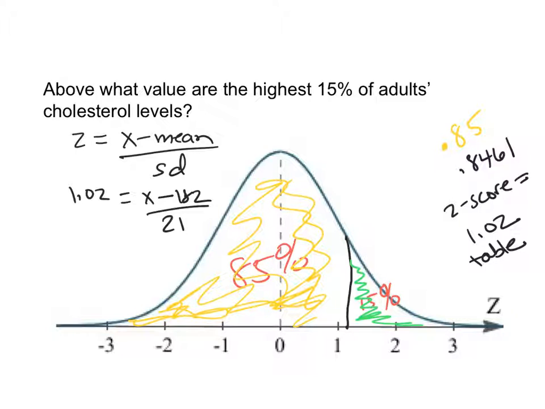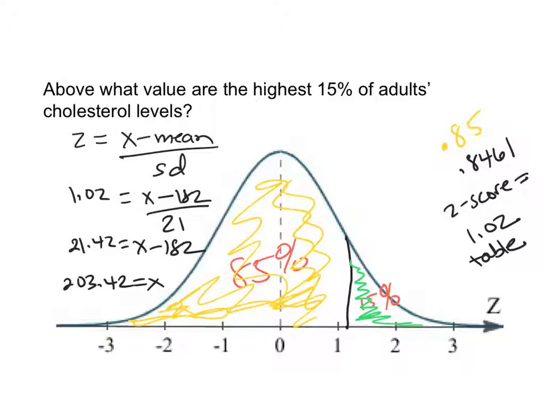If I solve this equation, I multiply by 21. So 21 times 1.02 gives me 21.42. And then I add 182 over, so I get 203.42 equals x.